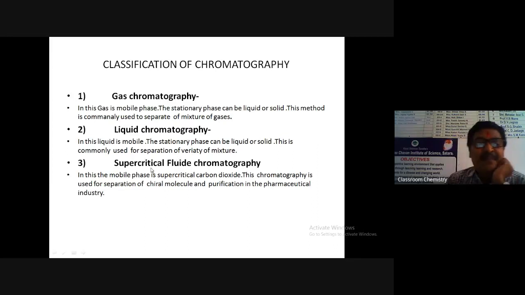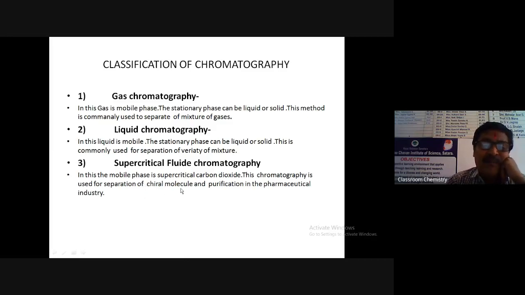Then the third type is the supercritical fluid chromatography. In this, the mobile phase is supercritical carbon dioxide. This chromatography is used for the separation of chiral molecules and purification in the pharmaceutical industry.